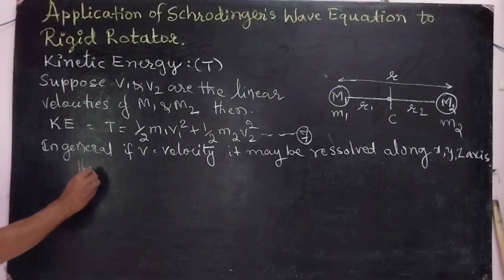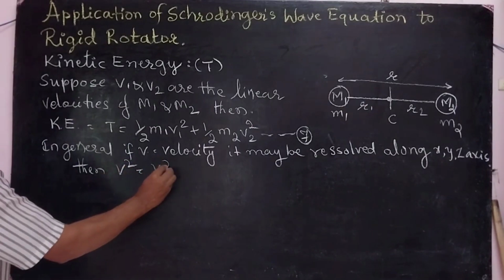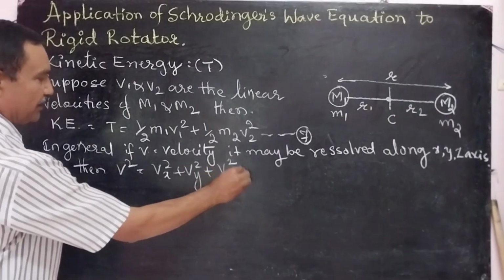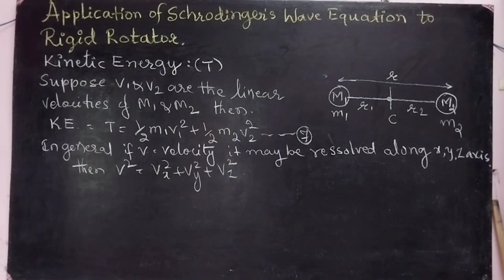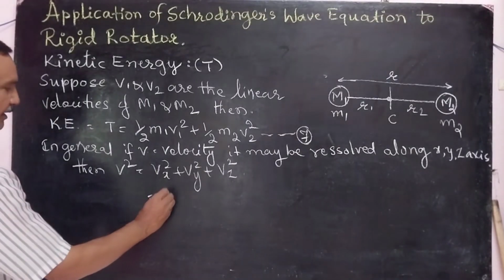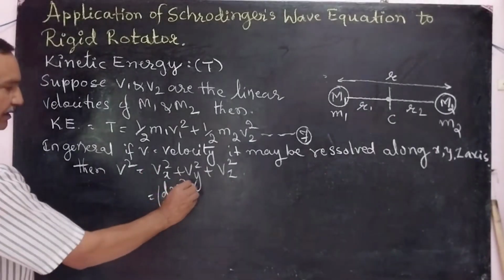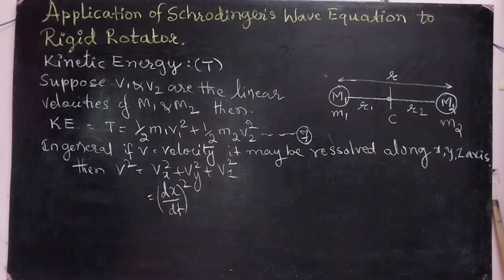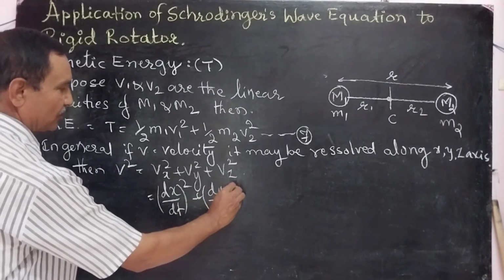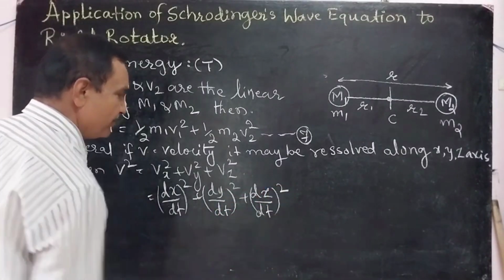Then v square equals vx square plus vy square plus vz square, which may be written as (dx by dt) square, where dx by dt is the velocity along the x axis, then (dy by dt) square and (dz by dt) square.